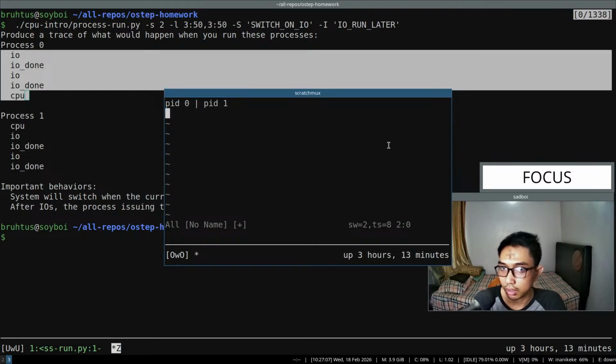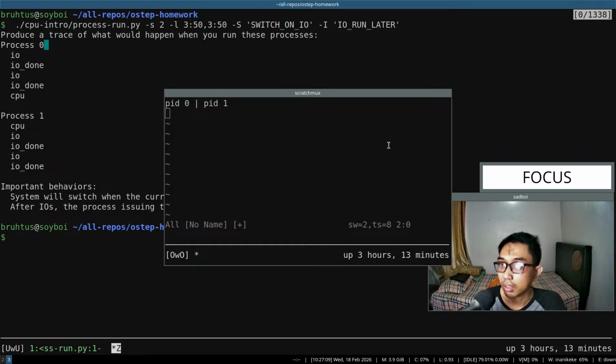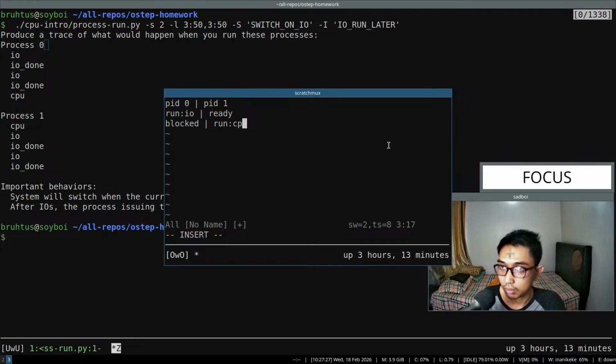Okay, this is process 0, this is process 1. Run input output, ready, right? Block, and then, what is it called? Run CPU.